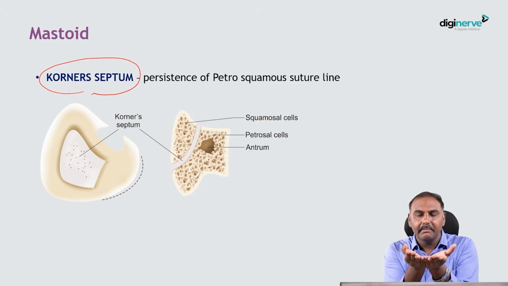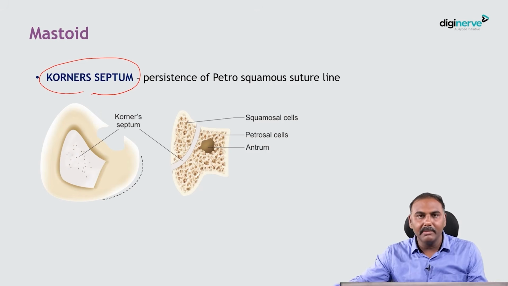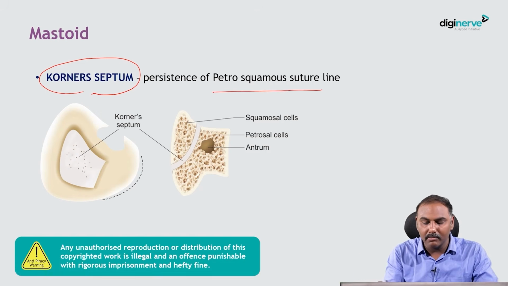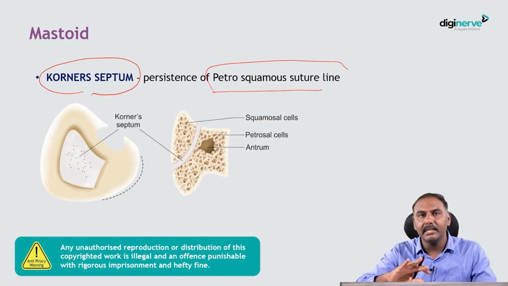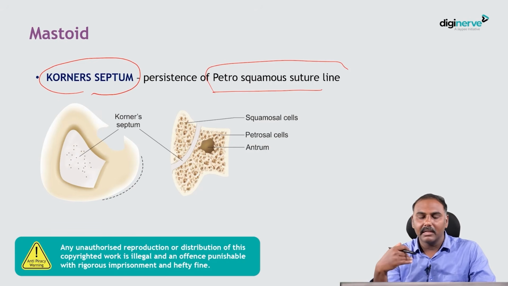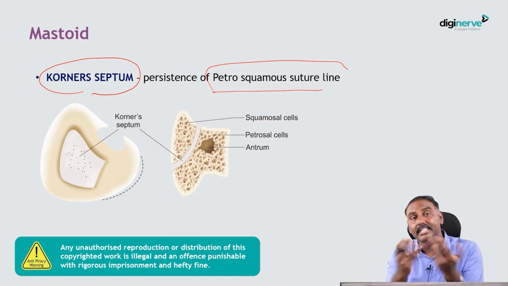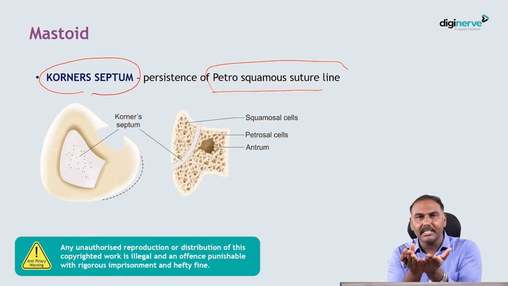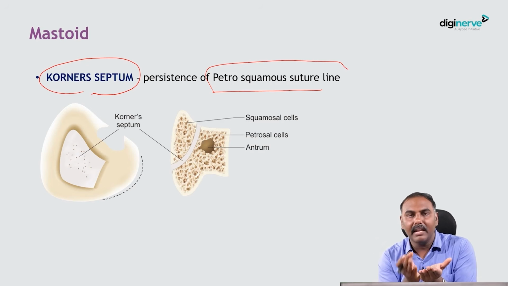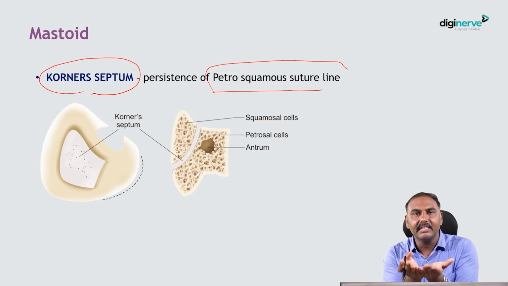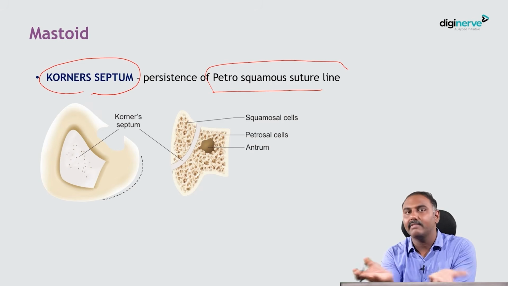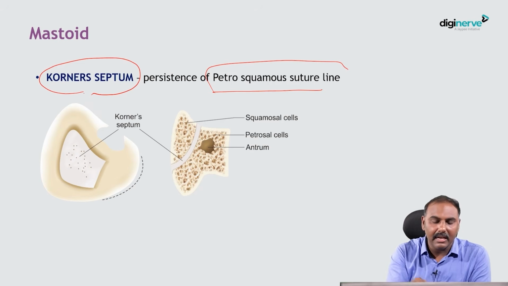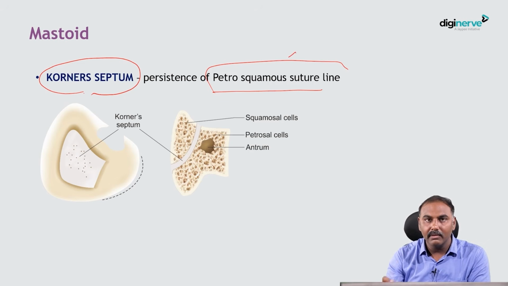There is a petrosquamous suture line, which usually disappears in the in utero stage. But what happens if this petrous and squamous suture line persists? It will appear as separate air cells. We think we have approached the mastoid antrum, but we haven't. That is called Koerner's septum. So Koerner's septum is a persistence of the petrosquamous suture line.